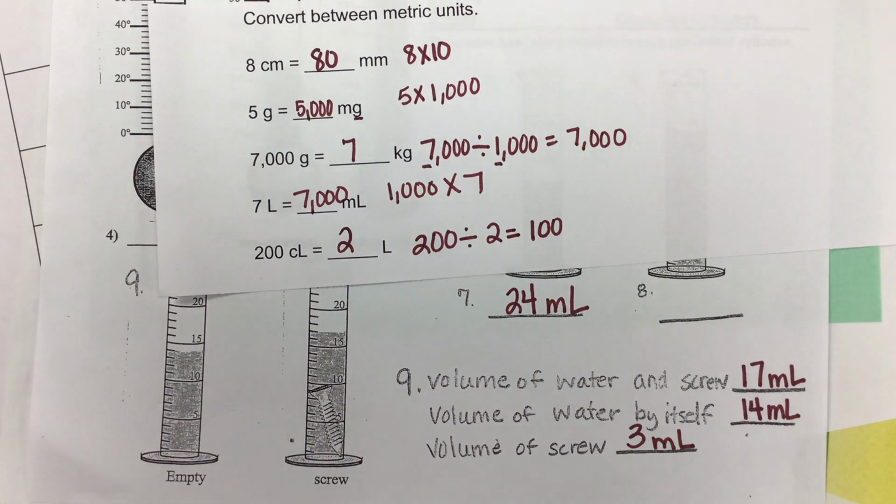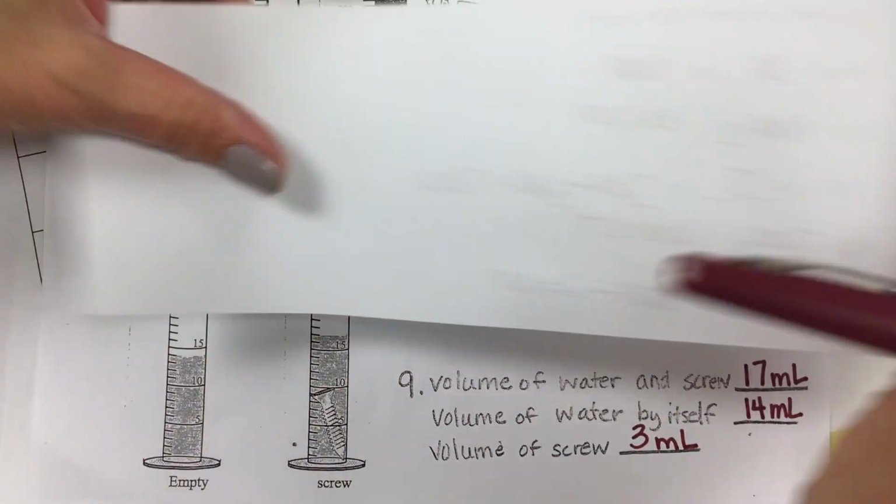10. Guys, look at a meter stick. How many millimeters are in each centimeter? 10. Okay, you have to memorize that or you're not going to pass the test. Turn this over and write it on the back.